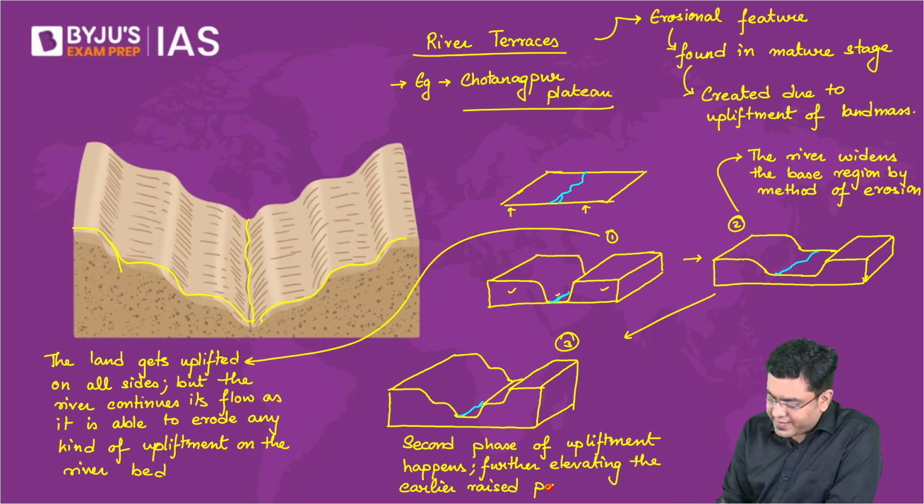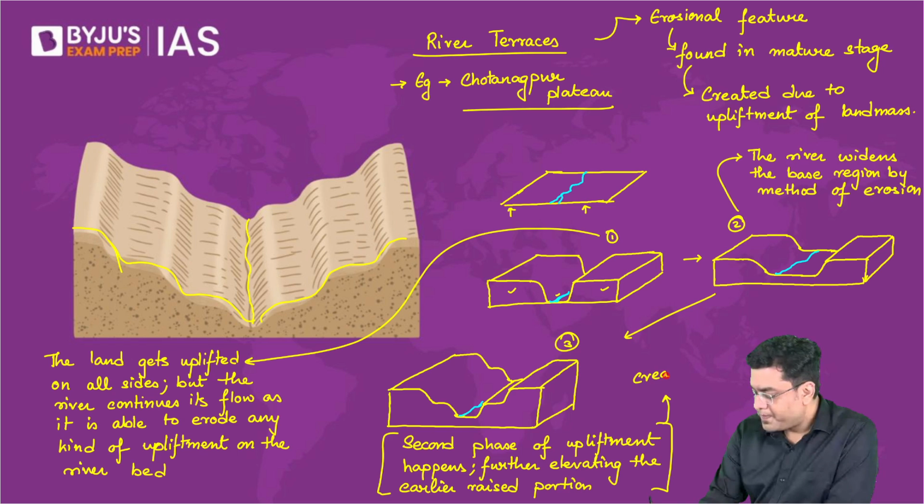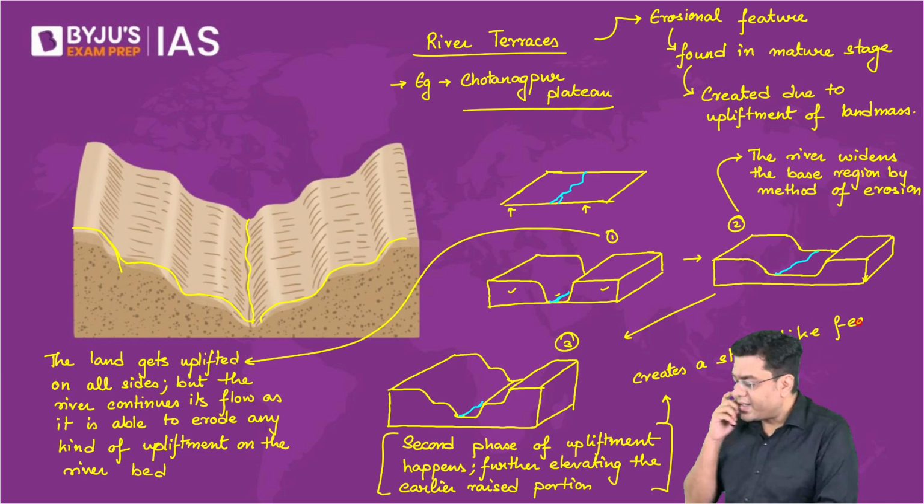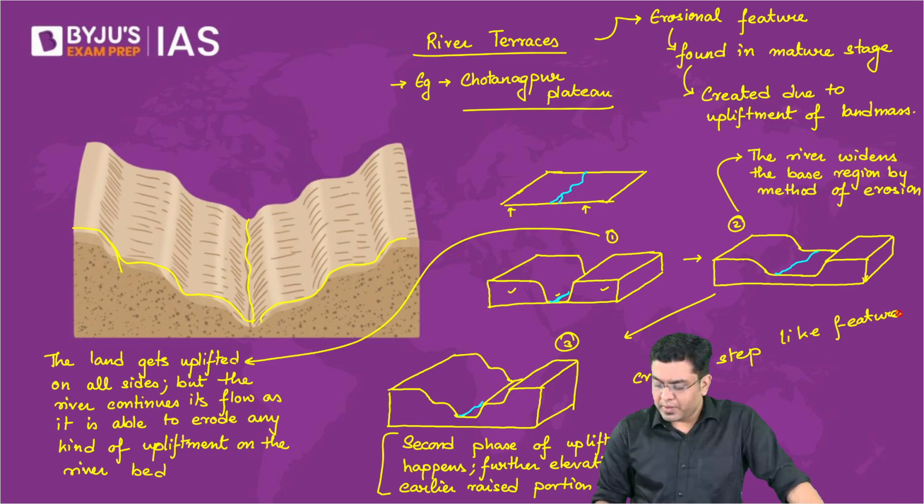This creates a step-like feature. Step-like feature. Is that understood now?